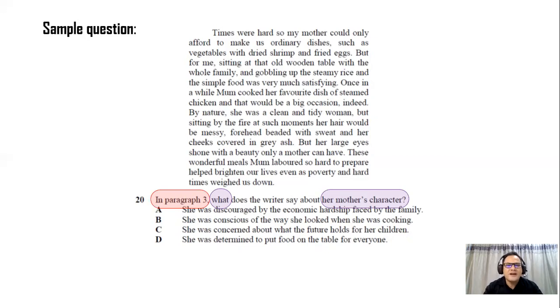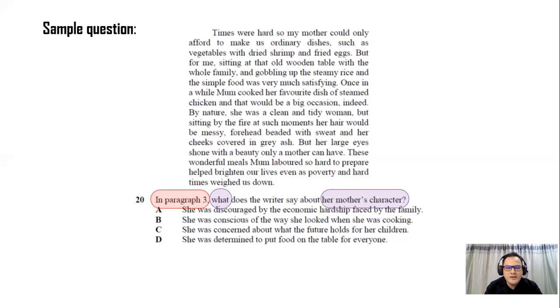Times were hard, so my mother could only afford to make us ordinary dishes, such as vegetables with fried shrimp and fried eggs. But for me, sitting at that old wooden table with the whole family and gobbling up the steamy rice and the simple food was very much satisfying. Once in a while, my mom cooked her favorite dish of steamed chicken, and that would be a big occasion indeed.